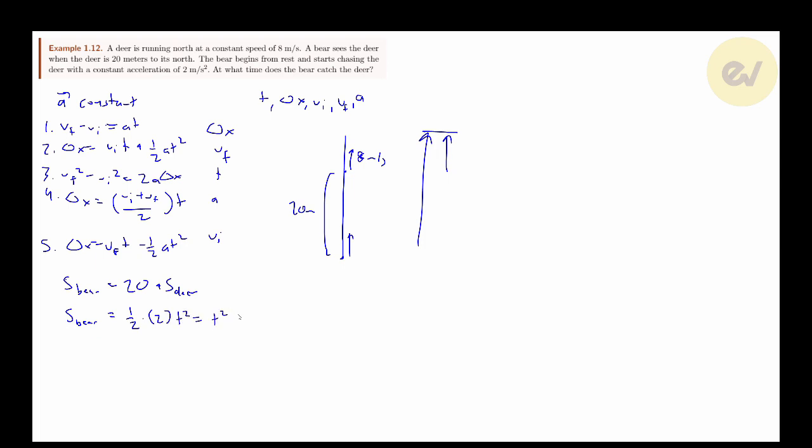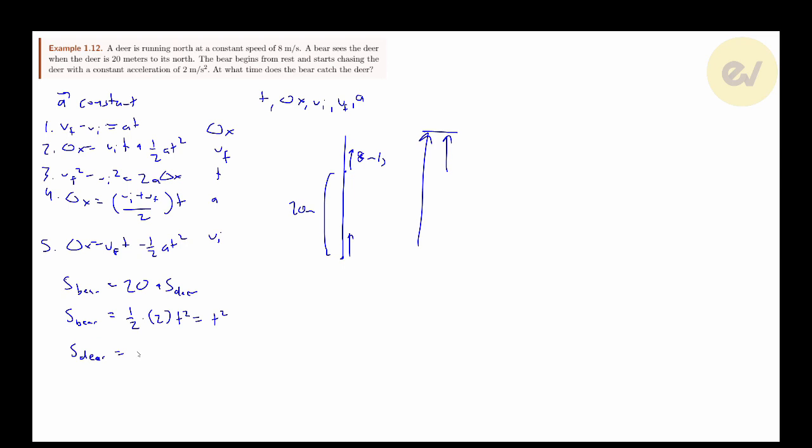This is equal to just t squared, times 1 meter per second squared, but I will omit that for now. Okay. Now we know the displacement the bear travels in terms of t, so let's figure out the displacement the deer travels in terms of t.